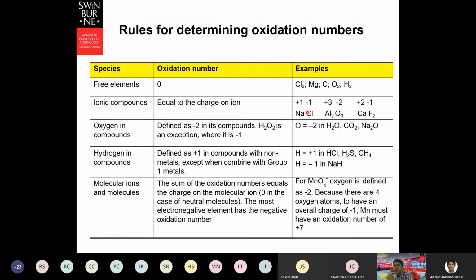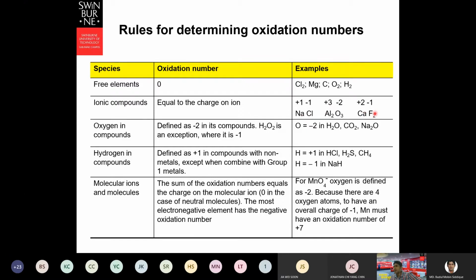So when sodium and chloride are together, an equal amount of positive and negative, they are neutralizing each other, and that is how they are at the 0, or neutral state, without charge. Okay, and the same goes for aluminum oxide and calcium fluoride.